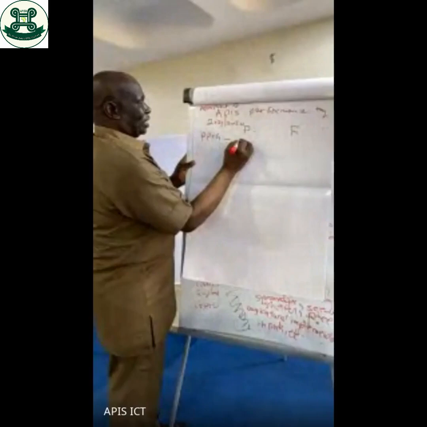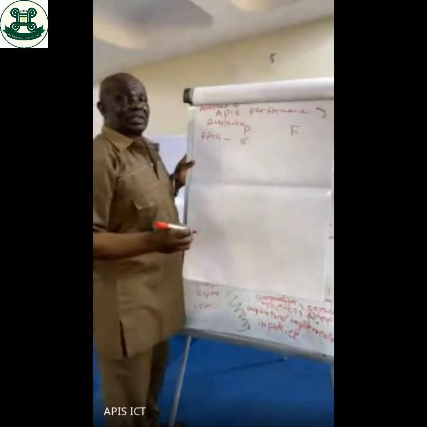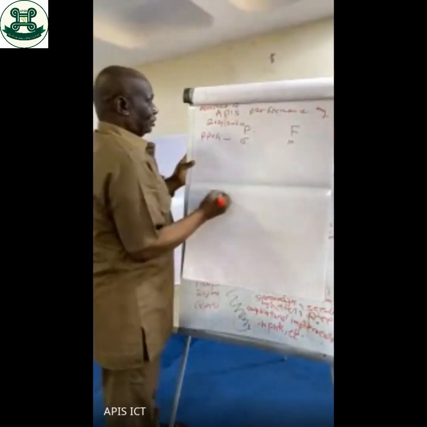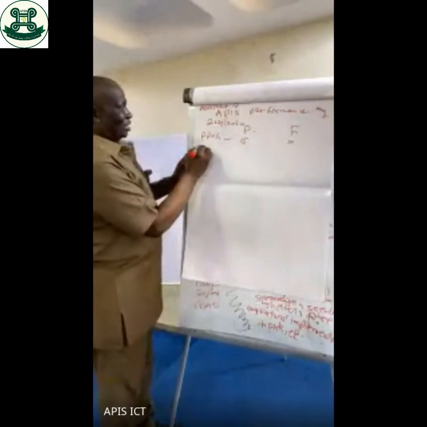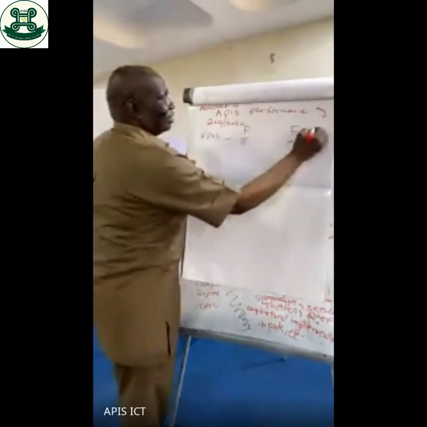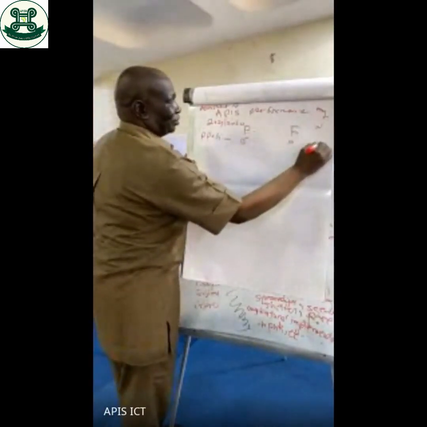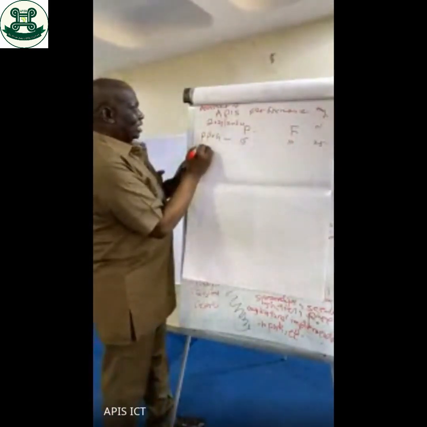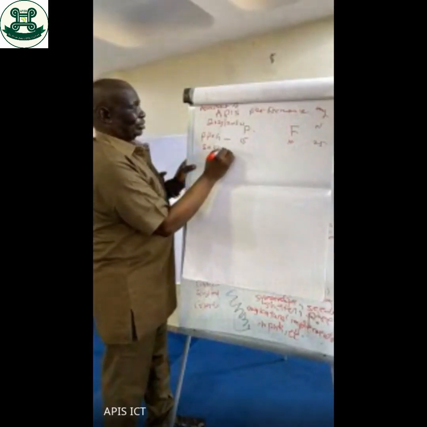We have 15 pass, right? 10 fail. That's a total of 25. Now, security and strategic studies.